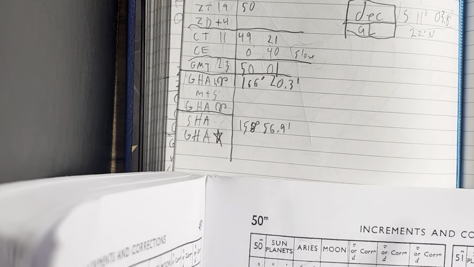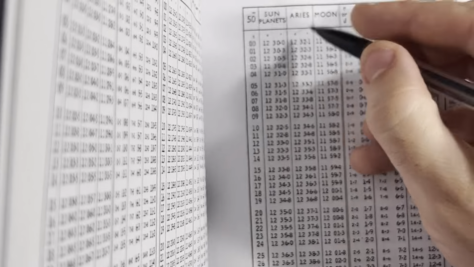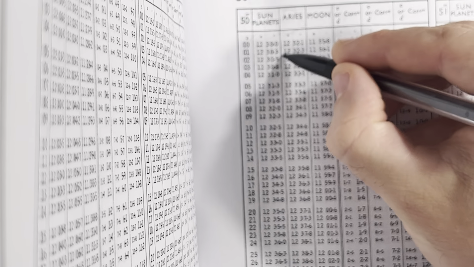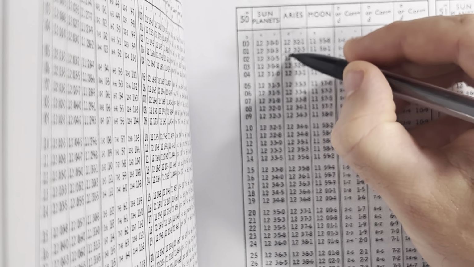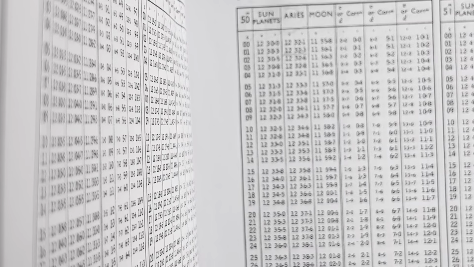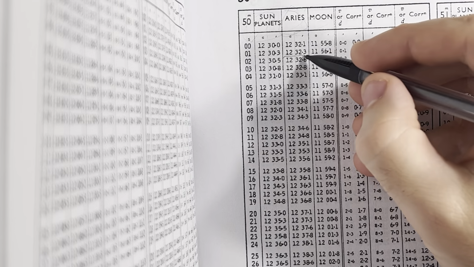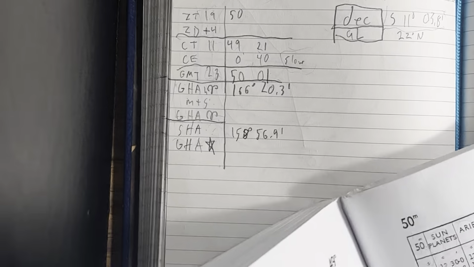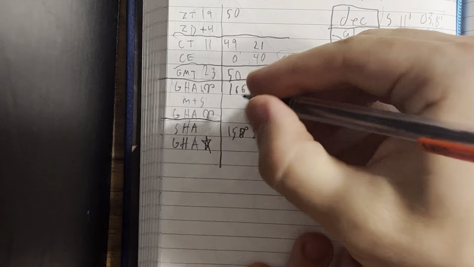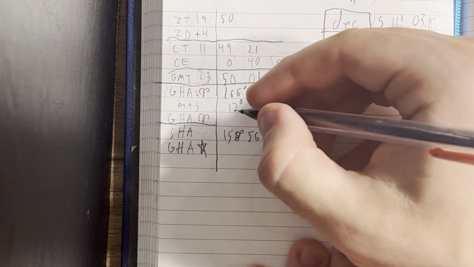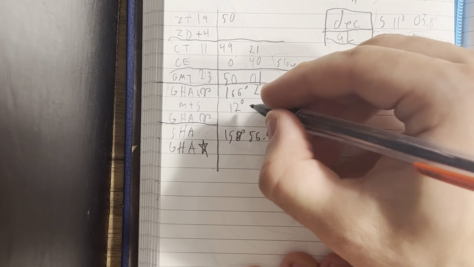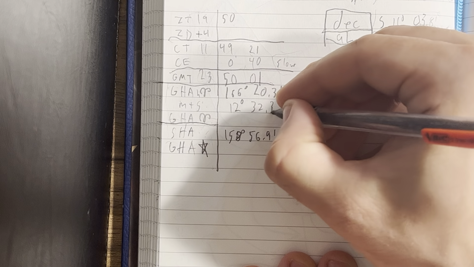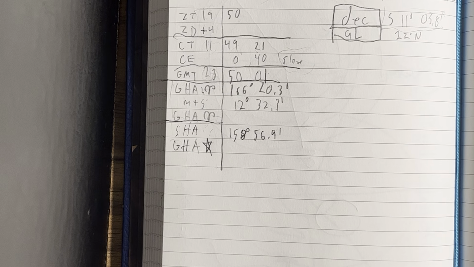So we're looking for 50 minutes and 1 second. So it happens to be the second point here. We can see Aries, its GHA changed by 12 degrees, 32.3 minutes. So for the minutes and seconds correction, we're going to do 12 degrees, 32.3 minutes. Good.